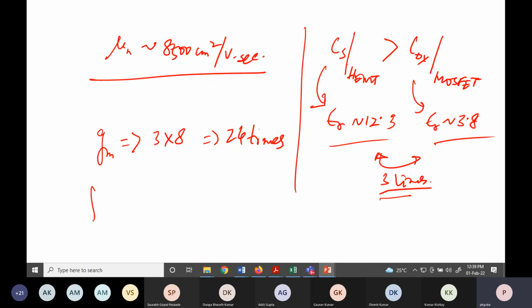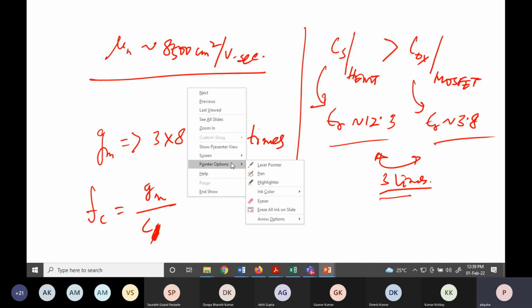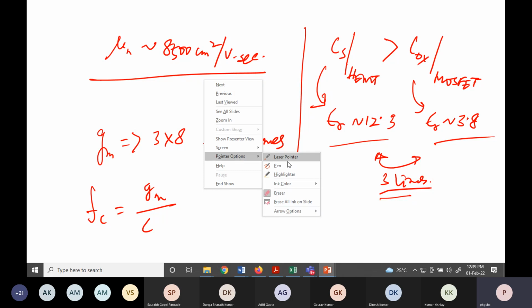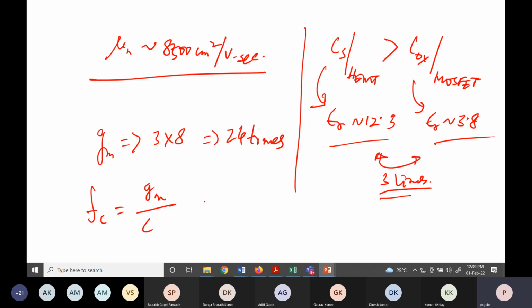And the cutoff frequency, you know, is GM over CS, right? GM over C. So this C is different. So you see, the cutoff frequency you can achieve from this will be much more compared to that of conventional MOSFET, right?